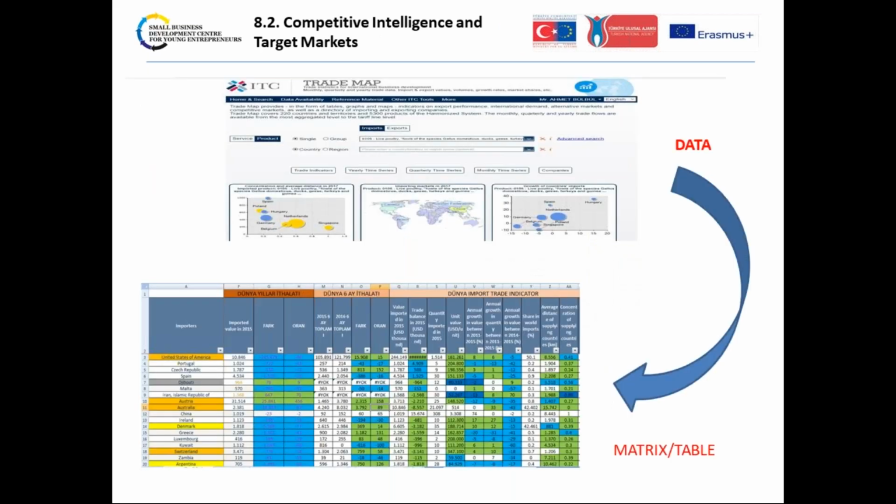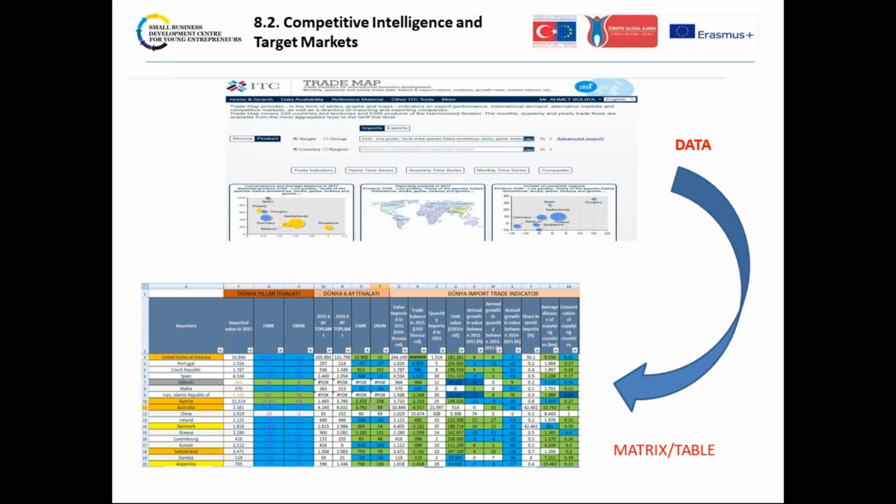You can try. And after that, you need to search for the market. But how come? You see, I put you some sources. The most used source in this area is trademap.org.